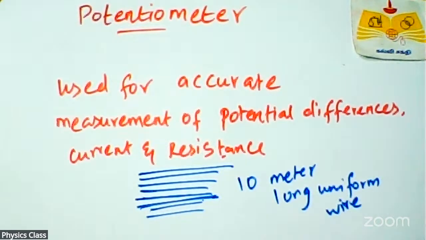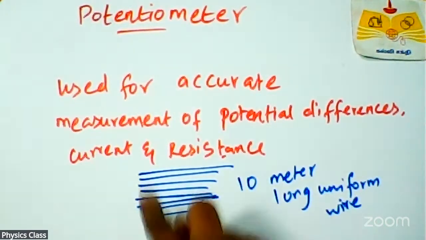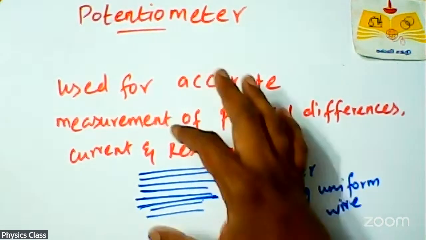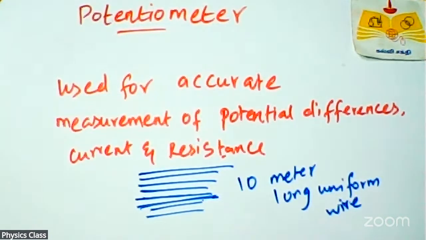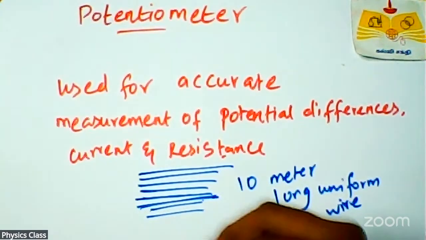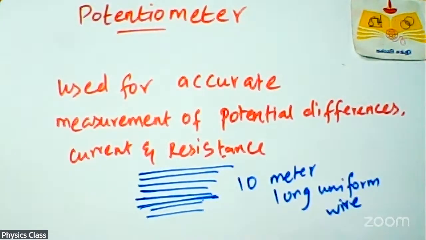Each of 1 meter. Already I told you that each is 1 meter. This is 1 meter, this is 1 meter. So 2 meter, 3 meter, 4 meter, 5 meter, finally 10 meter. So the 10-meter wire is stretched on that wooden board, in parallel rows, each of 1 meter length.